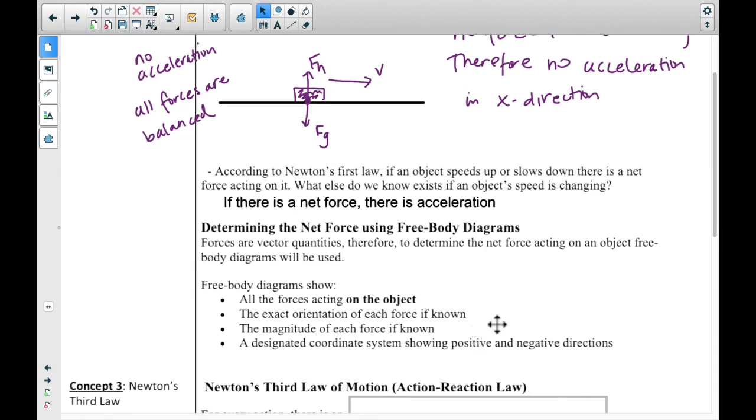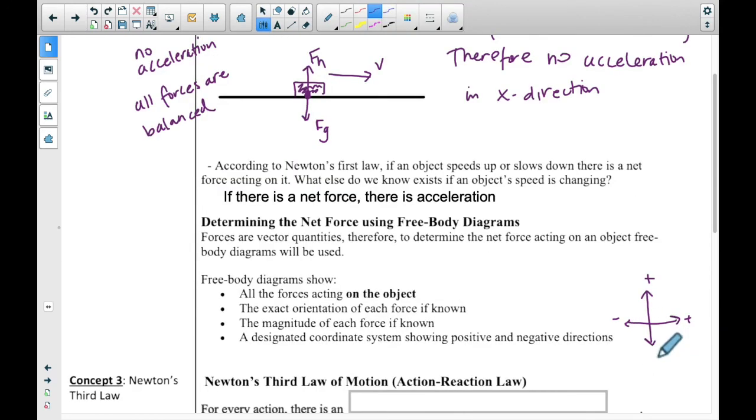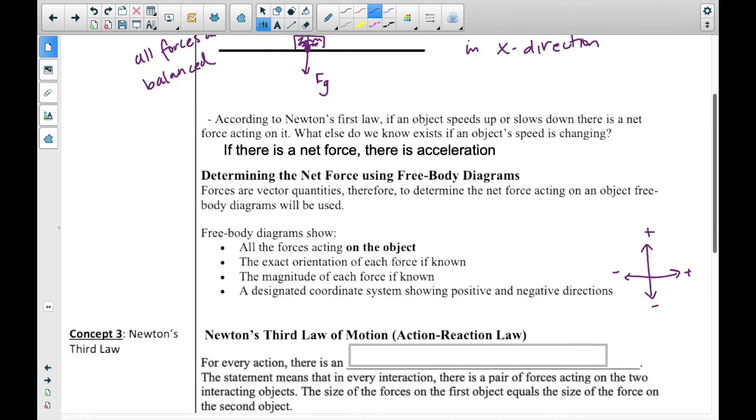And then a designated coordinate system showing the positive and negative directions. Typically, when we talk about a coordinate system, we think of right and up as positive, left and down as negative, just like we would with a normal coordinate system. We can at times, and we will, twist this a little bit for our purposes. Okay, that is Newton's first law.